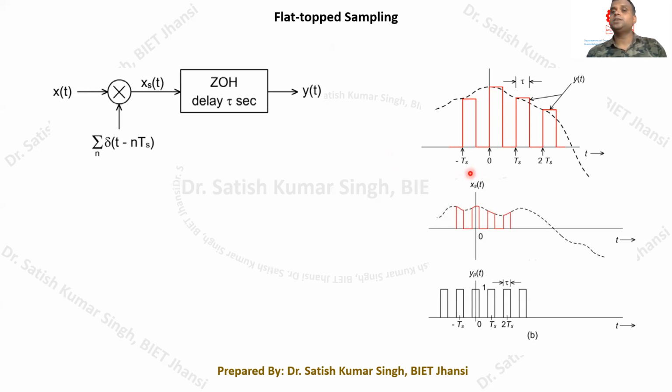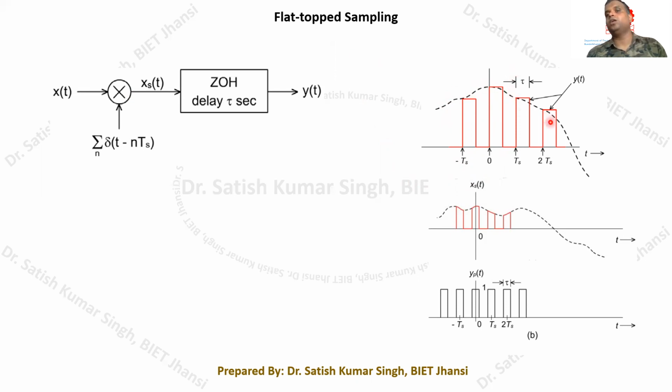So what we are doing is taking the sample at minus ts, and the same sampled value will be maintained up to a duration of tau. Then again it will go back to zero, then the next sample will be taken at this point, and whatever be the magnitude at this point, it will again be held up to a duration of tau. Therefore we will get a flat top.